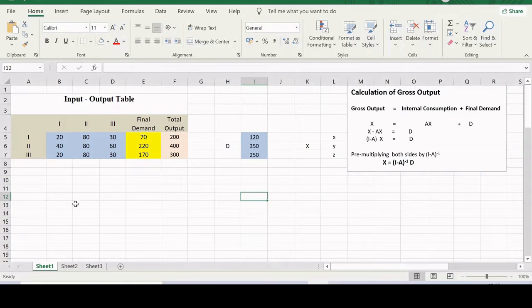So if we read this input output table, then the figures highlighted in blue are called the intermediate consumption, that is the consumption of the output by the producing sectors as input, while the rest of the output consumed by other bodies other than the producing sectors, like government and household etc., is called the final demand.